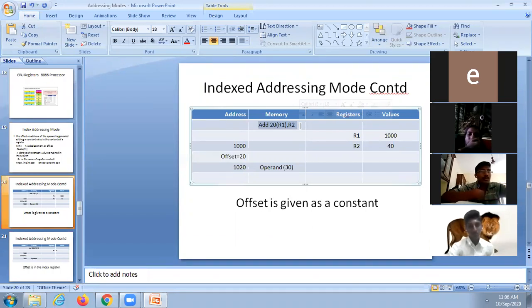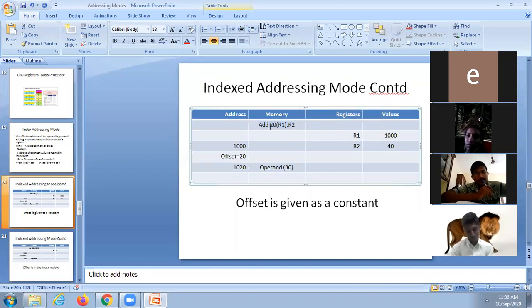Any one of you please respond? 1060. Pardon? 1060. 1000? No. What will be the output of that instruction? What will be the result of that instruction?